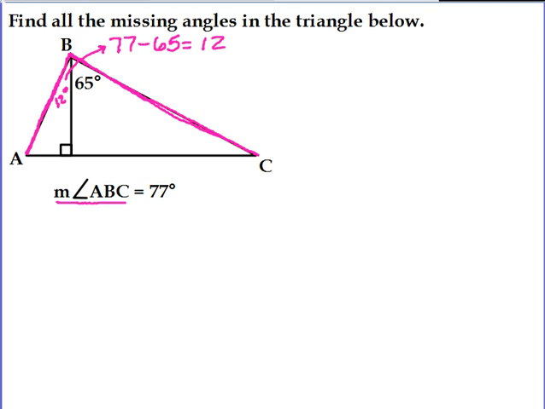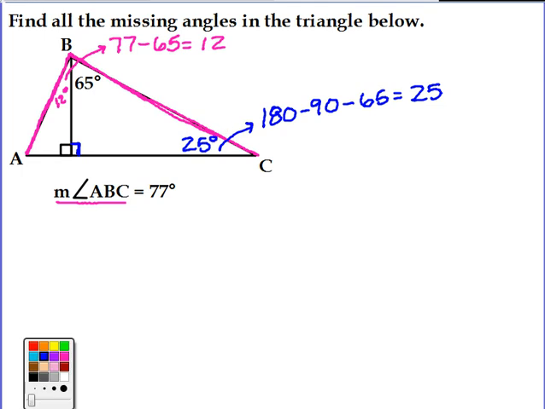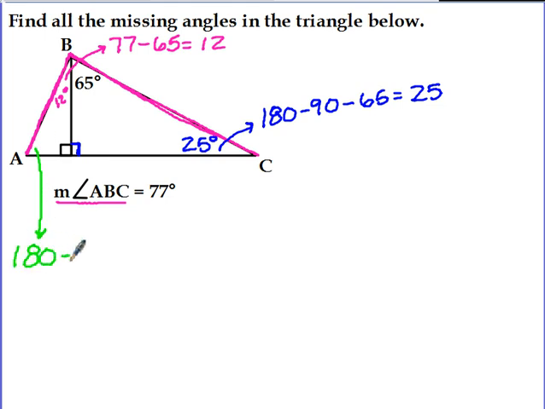All right? Now, since this piece is a 90-degree angle, that means this one will also be 90 degrees. So to find this angle, I'll just take 180 minus 90 minus 65, and that'll give me 25 degrees for this one. And then my last angle here, I'll take 180 minus 90 again, minus 12, and that gives me 78 degrees.